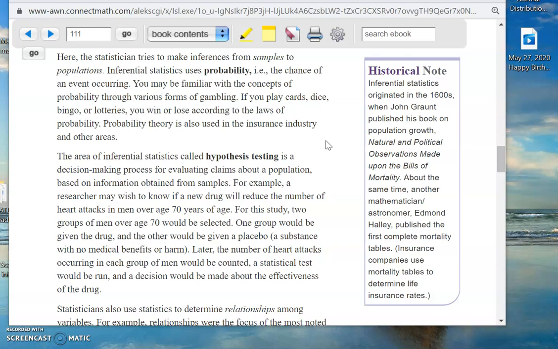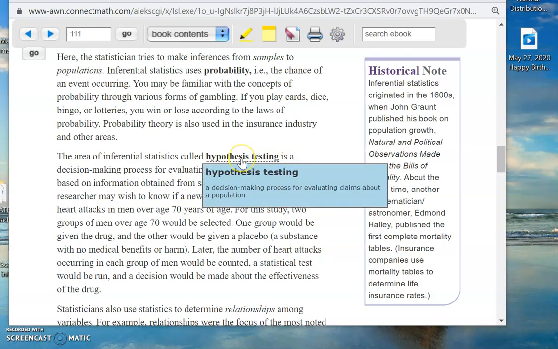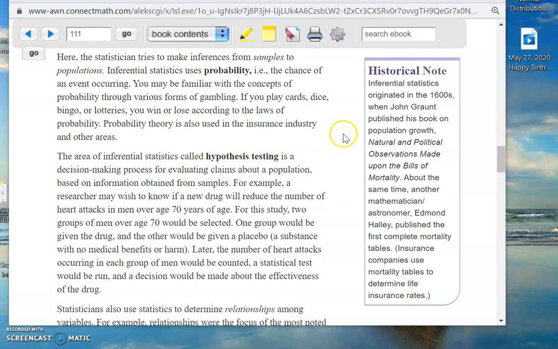So I take a bunch of kids that did the remedial math, and a bunch of kids that did not, and I make that comparison. I draw my conclusion based on these two samples. That's called hypothesis testing. A hypothesis is your claim, what you think is true. We'll get a more precise definition in chapter 8 and chapter 9.